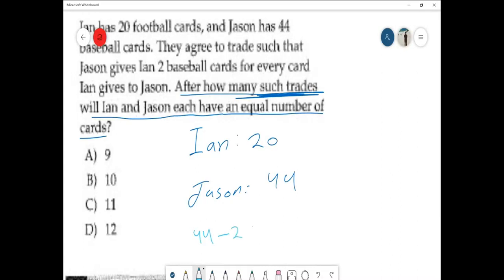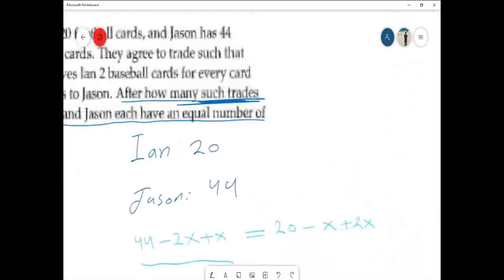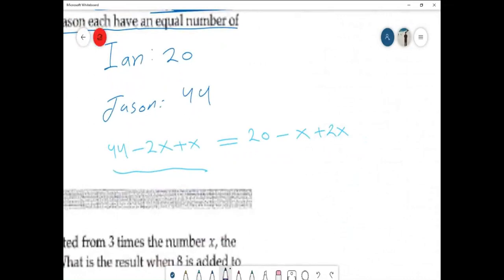Well, not a mistake, but I wrote some terms incomplete. Jason has 44 cards, and he gives 2x cards, and it will be equal to 20 minus x. But after trading, Jason receives 1 card, and Ian receives 2 cards.